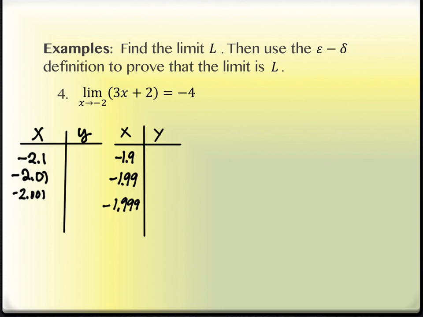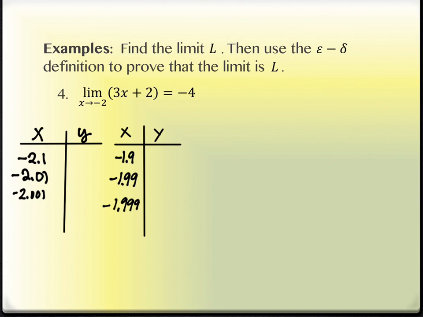Okay, great. So you're going to put these values in, -2.1, -2.01, -2.001, -1.9, -1.99, and -1.999.